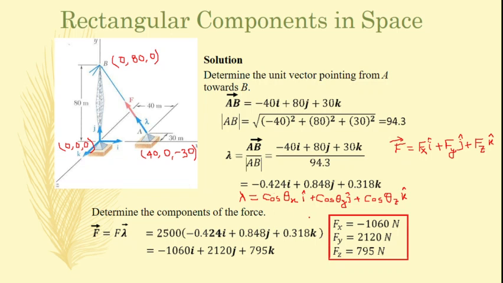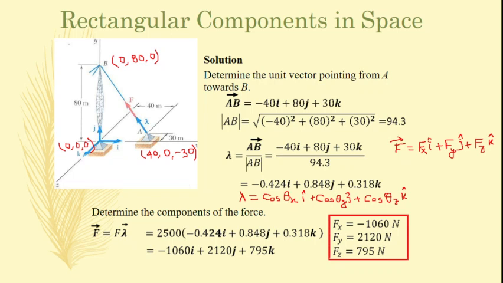Now what is cos theta x? Cos theta x is equal to minus 0.424. What is cos theta y? It is plus 0.848. And what is cos theta z? It is 0.318. Now how can we get theta x?